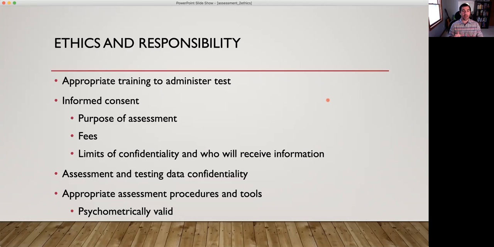But it's really clear, it's not just that the person undergoing the assessment has to agree to that. During this process of informed consent, we're saying, here's what is expected based on the referral question and what your employer or your coach or your team or whoever it is needs. Are you okay with that?